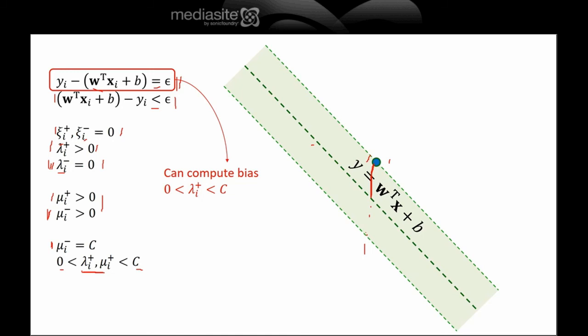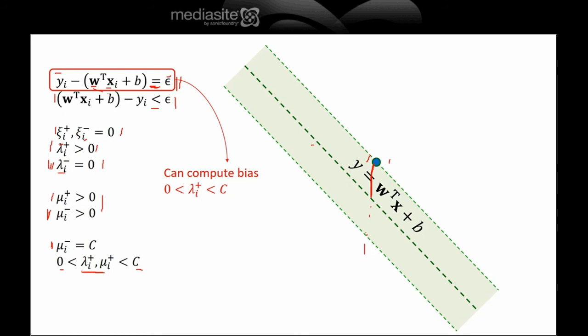Now, since we have an equality here, we can compute the bias. We know epsilon. Epsilon is a parameter of the support vector machine that we decide, and yi and xi are part of the sample, and w is the weight which we will compute.